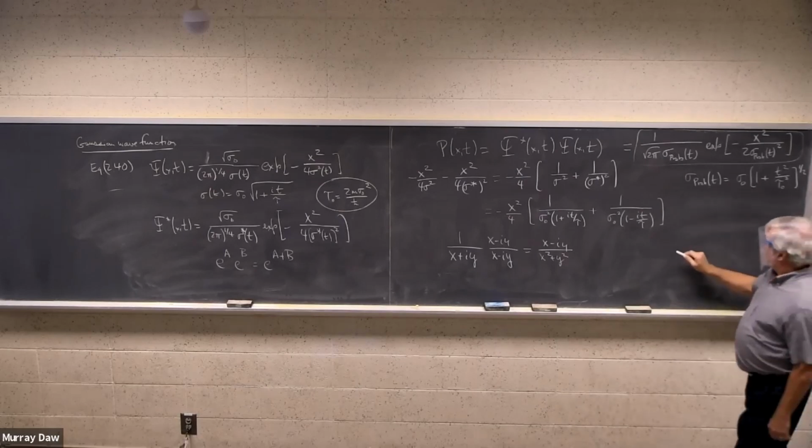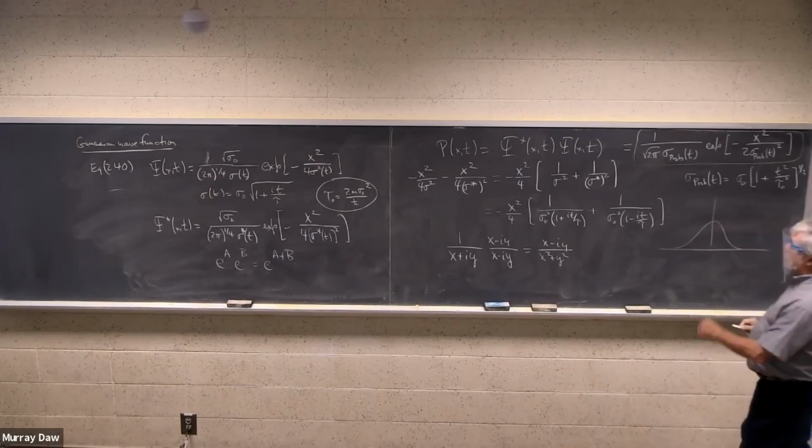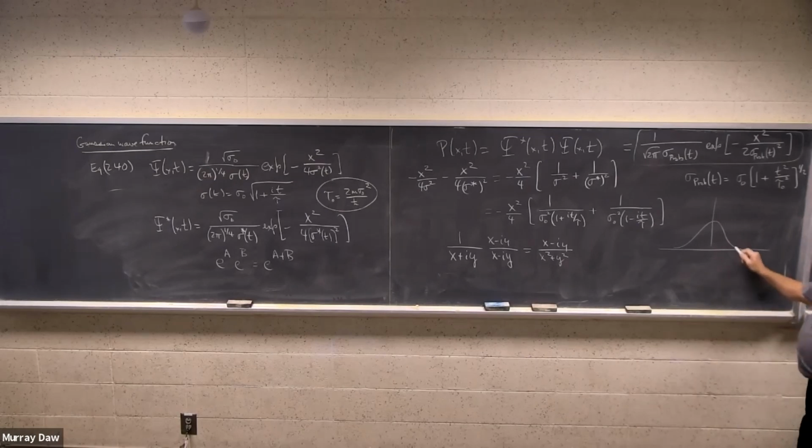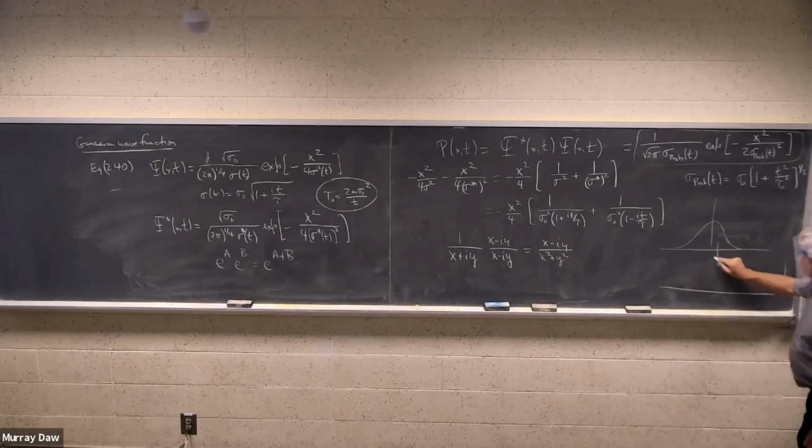So that means that we start the wave function out as a Gaussian, and it corresponds to a Gaussian probability. Now, over time, it's going to evolve. It's still a Gaussian, but its width has increased.